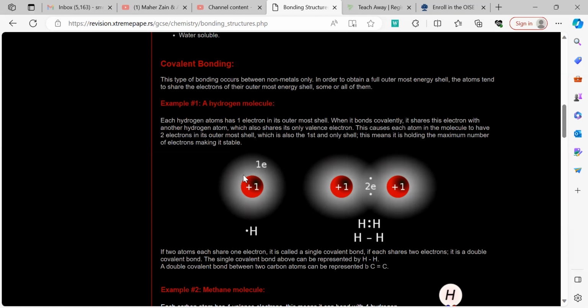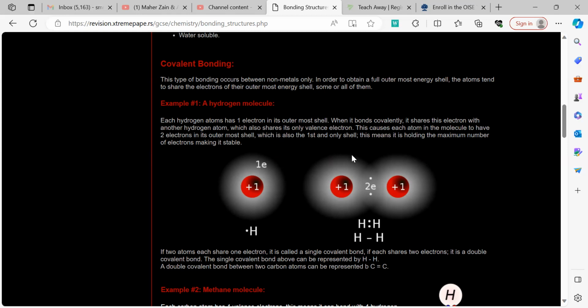Now, if I talk about the shells, we know that an atom has electrons in orbits. In the first shell there are only two electrons, whereas in the second and third shells there are eight electrons. So hydrogen doesn't even have a complete first shell. In order to complete the first shell, it has to have two electrons.